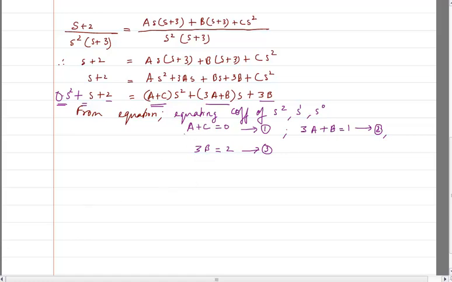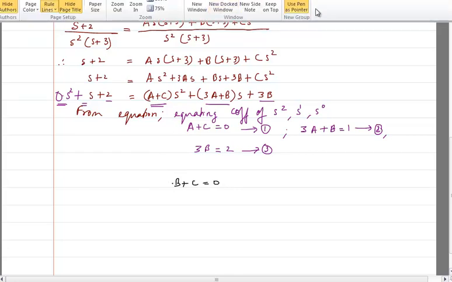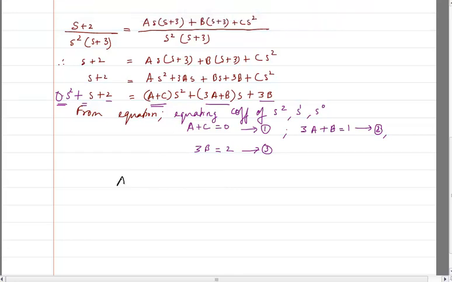So I can rewrite this equation as a plus 0 into b plus c is equal to 0. Okay, let me write it correctly. So I can write it as a plus 0 into b plus c is equal to 0. This one I can write it as 3a plus b plus 0c is equal to 1.